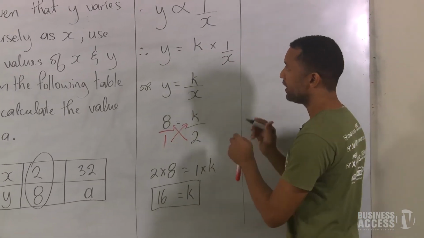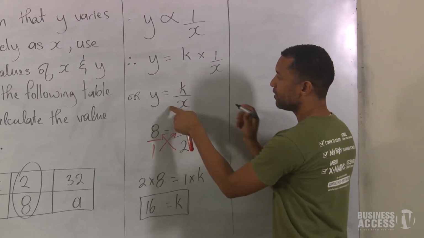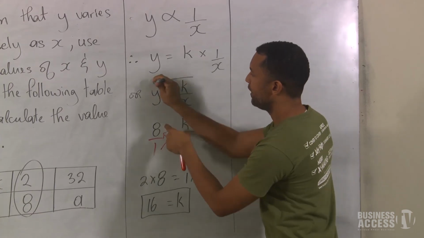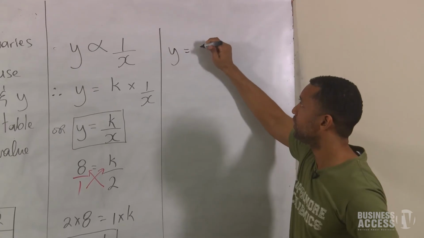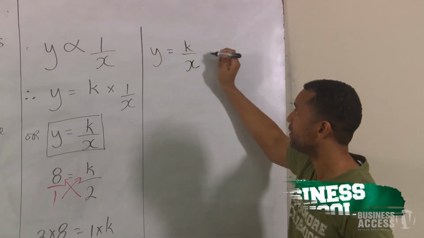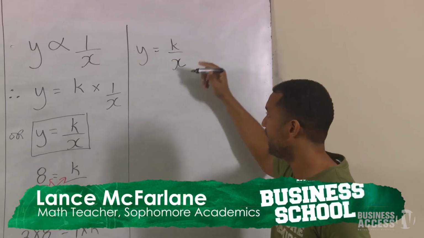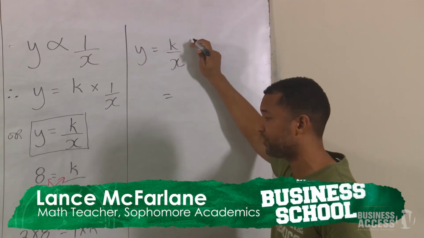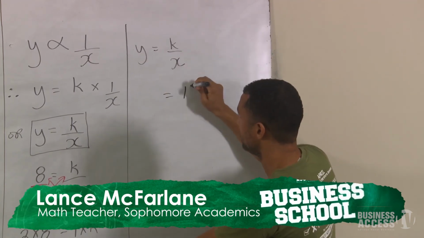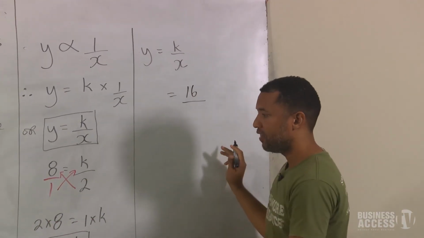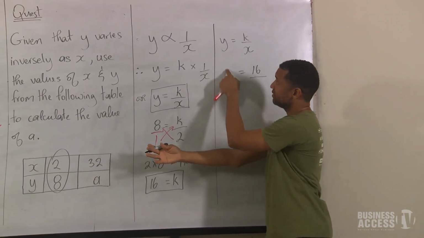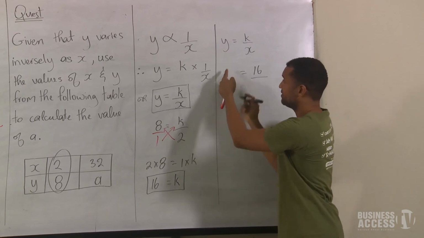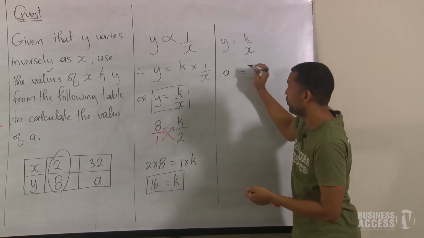So let's go back to the equation. This equation right here. We know y is equal to k over x. Now, guys, we know the value of k. We calculated it to be 16. The value of y is unknown. We don't know the value of y.